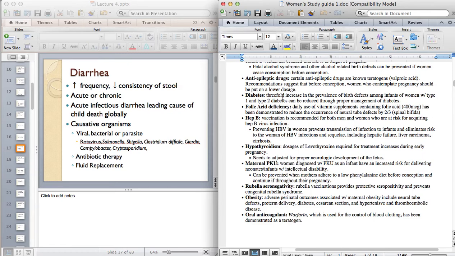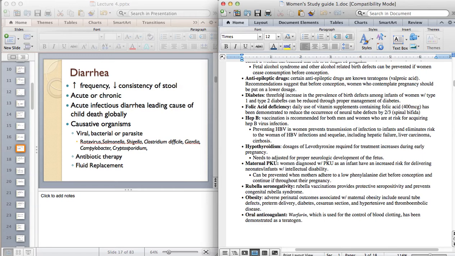So other conditions will be diarrhea, which is an increase in frequency and decrease in consistency of the stool. There is more stool, but there is nothing in it. So sometimes it will be literally fluid. It can be acute or chronic.